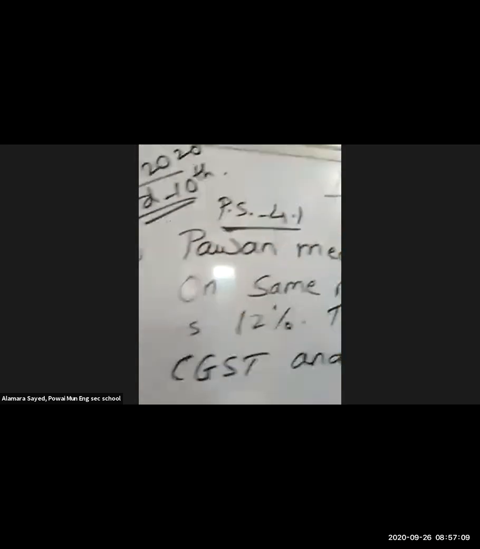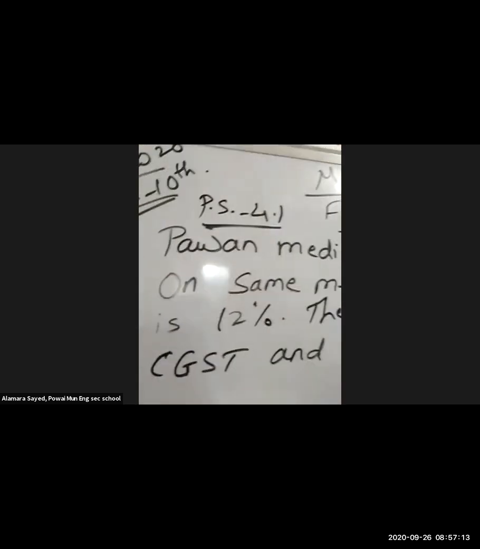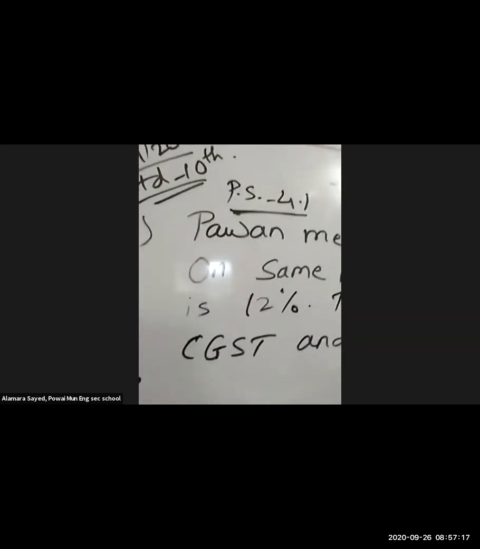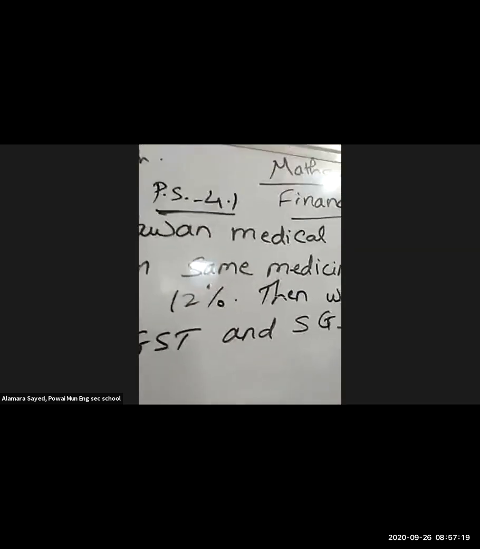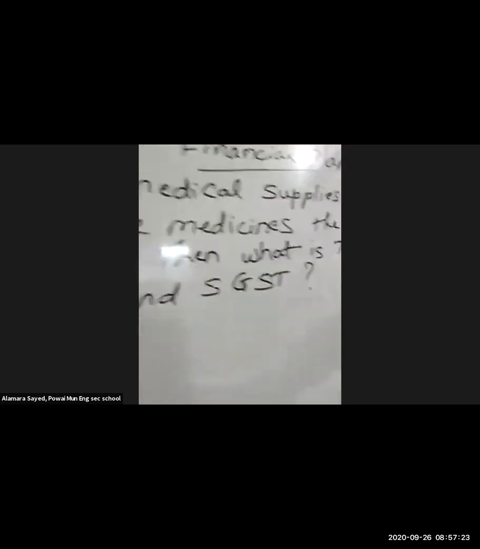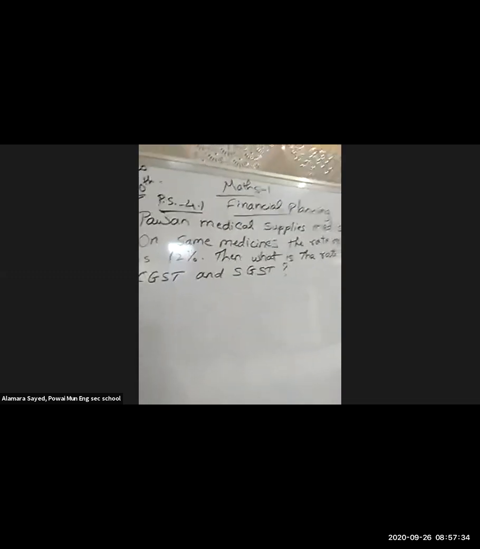Okay, now see, practice set 4.1, financial planning. The question is: Pawan Medical supplies medicines, and on the same medicines the rate of GST is 12%.